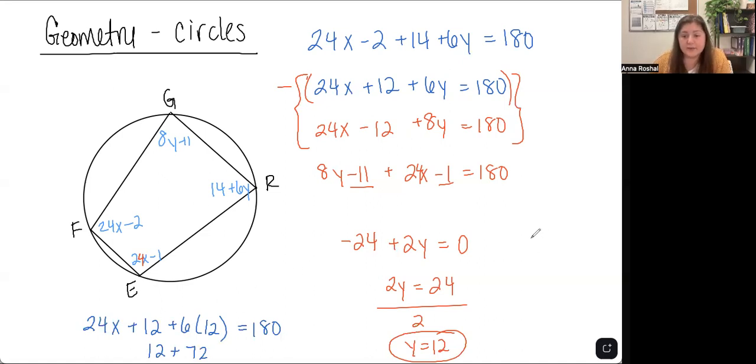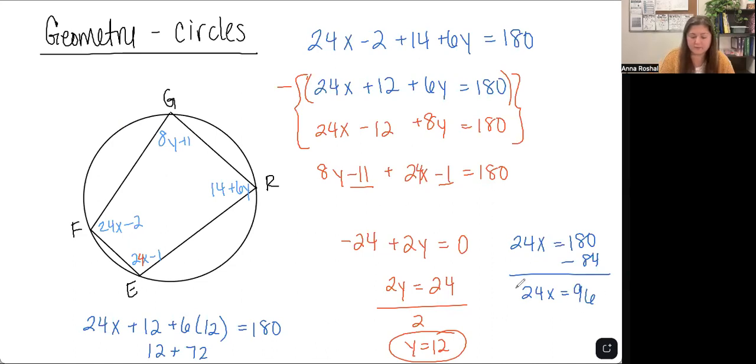I'm going to end up with 24x equals 180 minus 84. Did I do that correctly? I did. Okay, so that's going to be 96. And then when we divide that by 24, I'm just using a calculator at this point because I'm second guessing my math, x is 4.